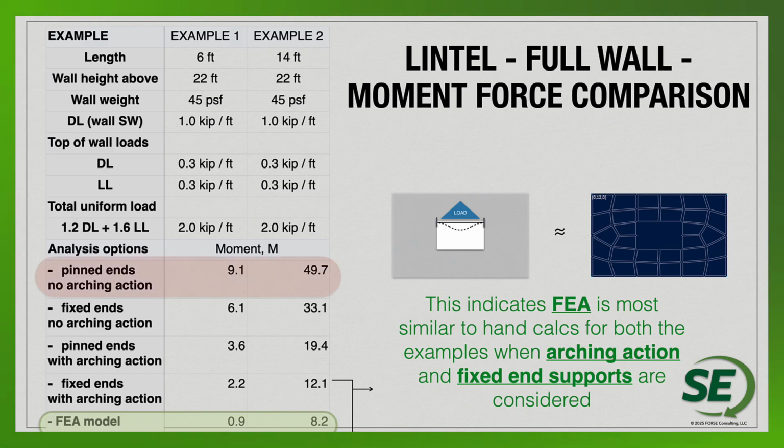So you're going to see, again, with finite element analysis, we're going to have far lower forces than if we were looking at the openings with pinned ends and no arching action. The other thing that I think is very interesting is when we look at the actual forces, the moments that we have for the different elements.